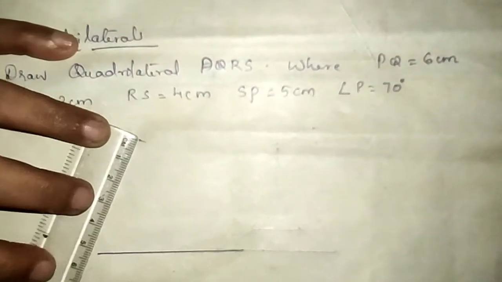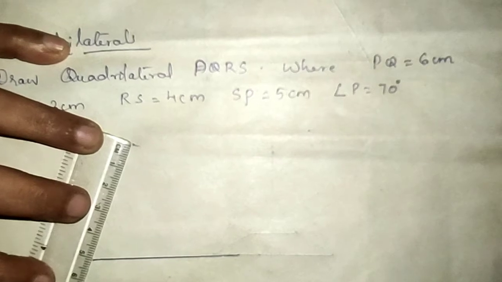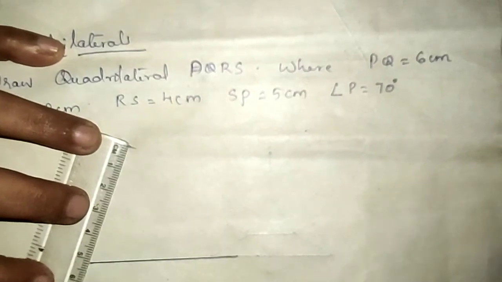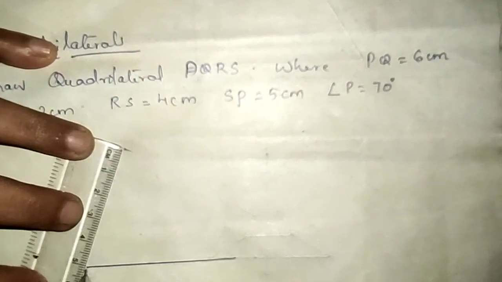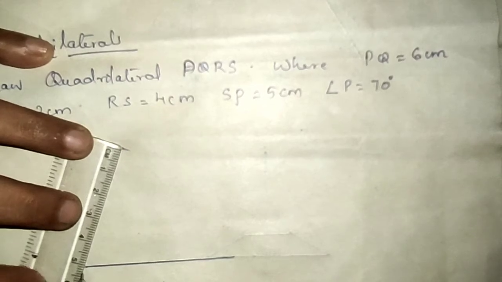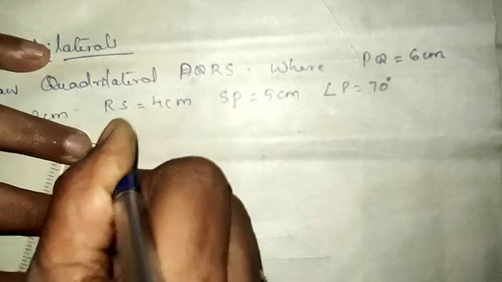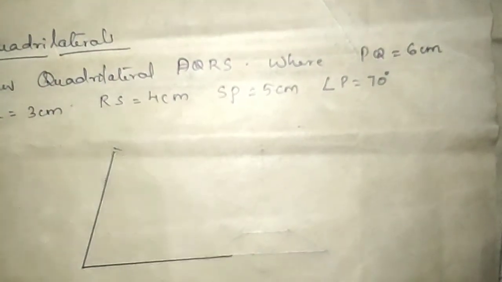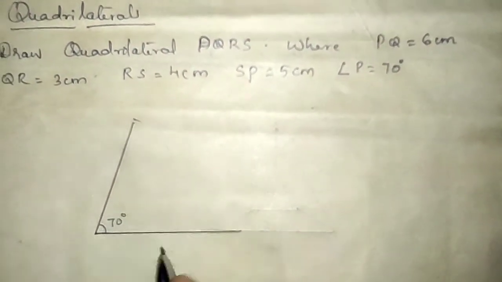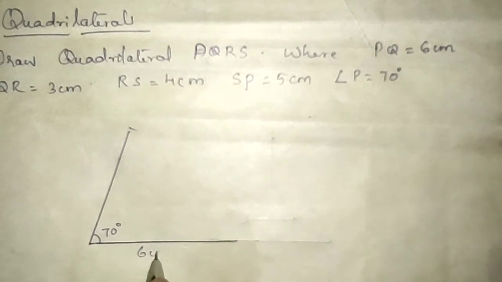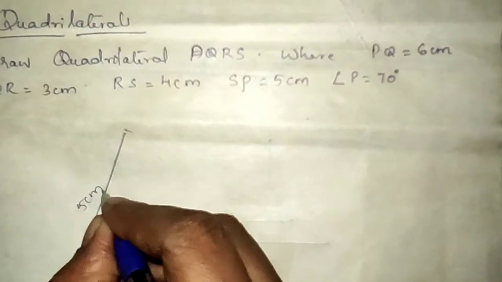So draw a line of length 5 centimeter like this. This one is 70 degree, and this is 6 centimeter, and this one is 5 centimeter.